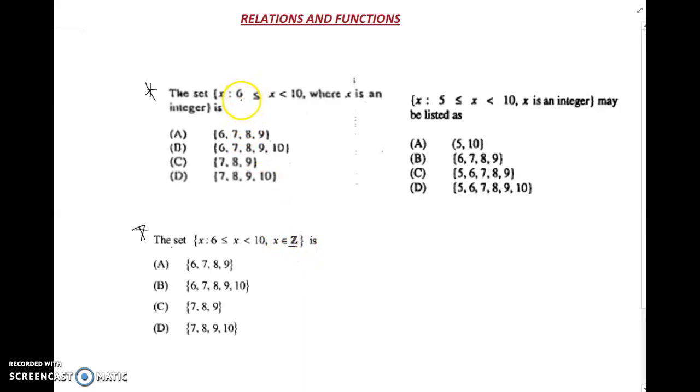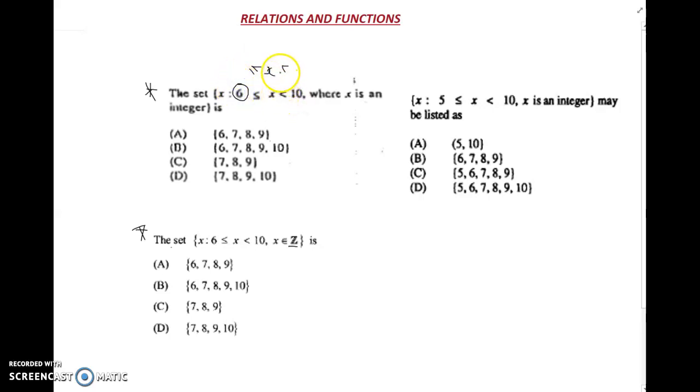Remember, in our previous videos, if you didn't look at them, go back and look at them. You see how here we have the equal line underneath, and here there's no equal line. So remember, when there's an equal line, you have to include that number, meaning we have to include the 6.